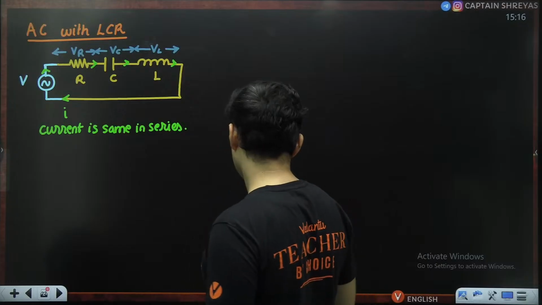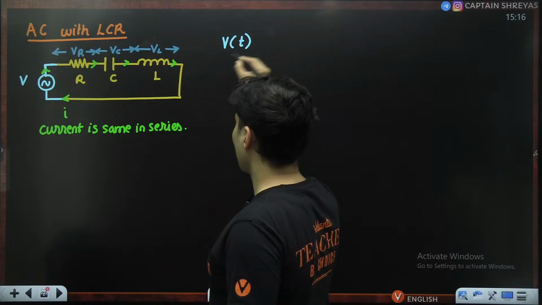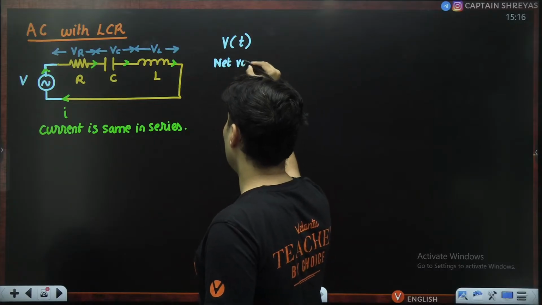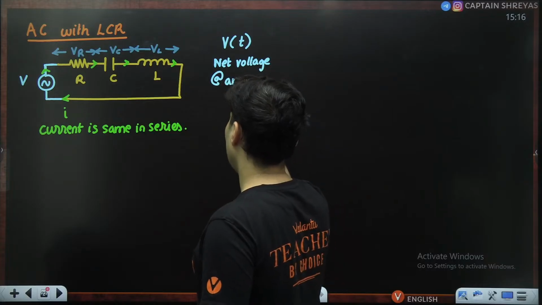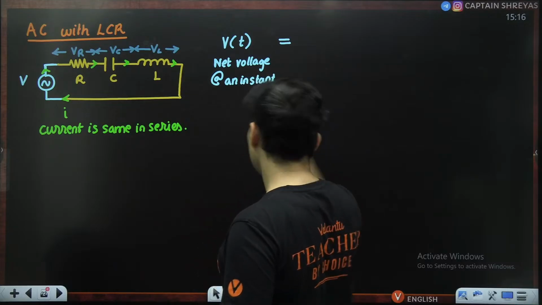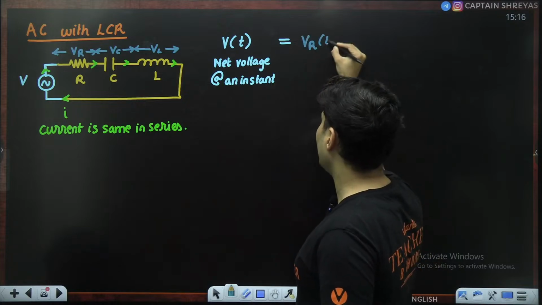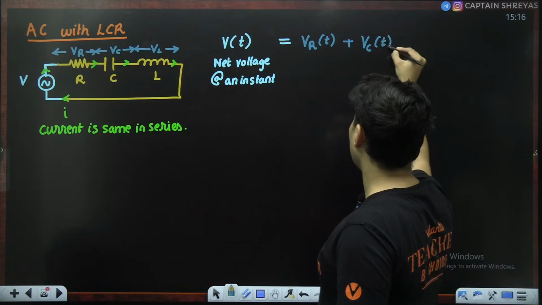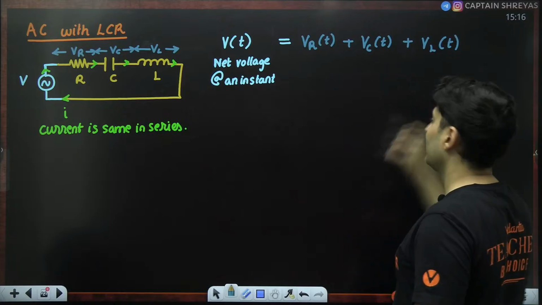The voltage in the circuit as a whole, at an instant, this is the net voltage at an instant of time. That will be equal to whatever is the voltage across the resistor at that time plus whatever voltage is there across the capacitor at that time plus whatever voltage is there across the inductor at that time.